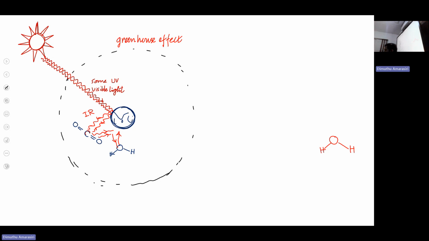I gave this as a question, no? Describe what the greenhouse effect is. State greenhouse gases. State the greenhouse gases.